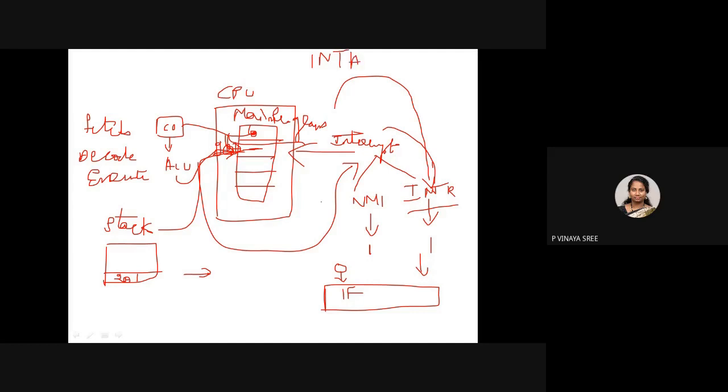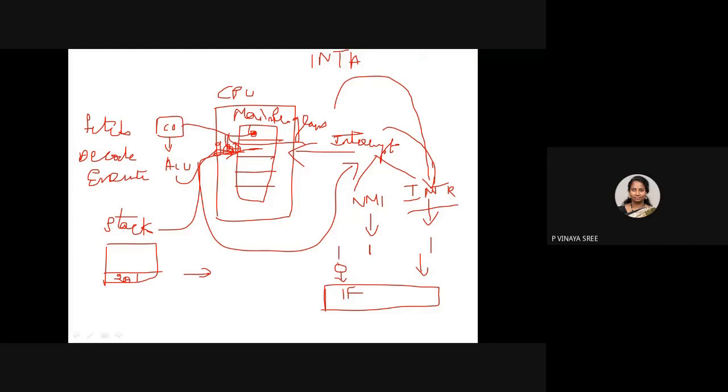If the processor is providing the service for INTR, it has to provide an acknowledgement, INTA, interrupt acknowledgement. Based on that, it indicates that the processor will provide service to the device which has given a request. This is all about the interrupts called NMI and INTR. INTR will provide the service if internally the IF flag is set to 1.